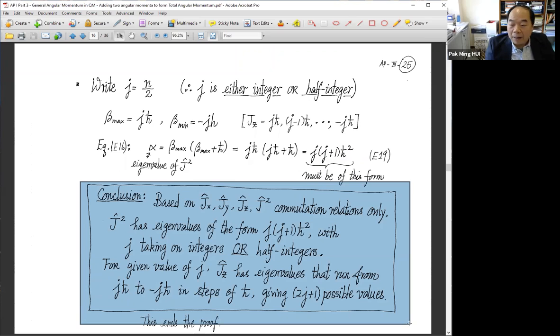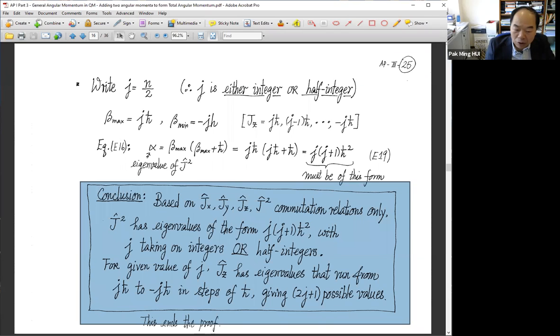Let me emphasize one more time. The results here make use only of the 6 commutation relations of x, y, z, and J square component, and nothing else. Therefore, the answer will be general as long as you have found a new angular momentum, whatever it may be, that obeys these 6 commutation relations.